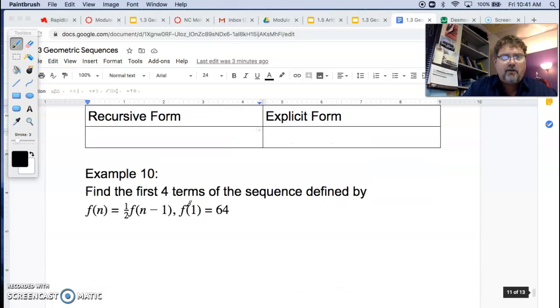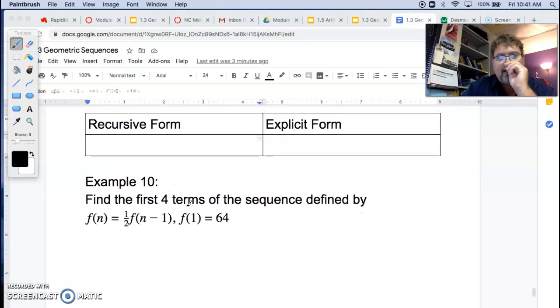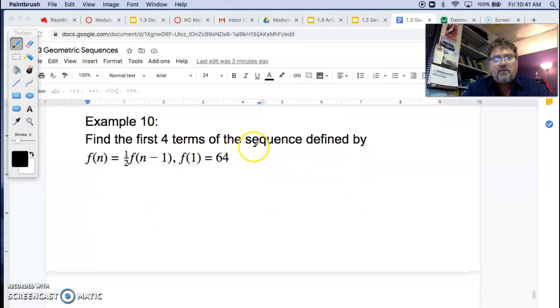Last example here is I want to take a look at, given a sequence like this, find the first 4 terms of the sequence, and we need to write this thing down. Let's see. I've got 1/2 f of n minus 1. f of 1 is 64. All right.